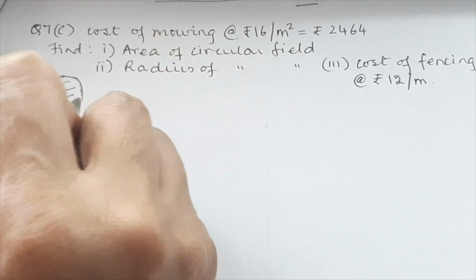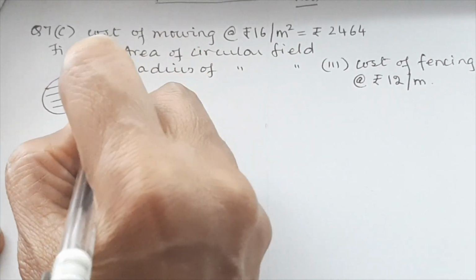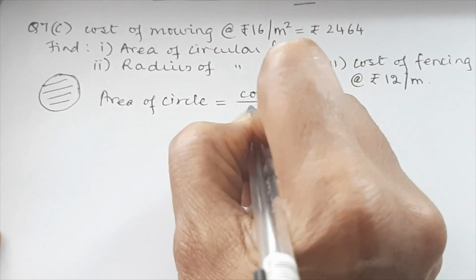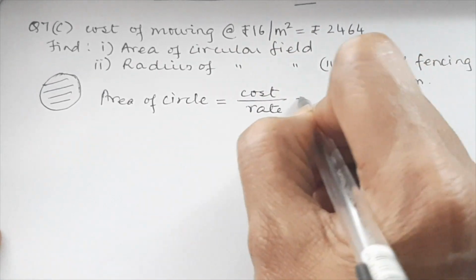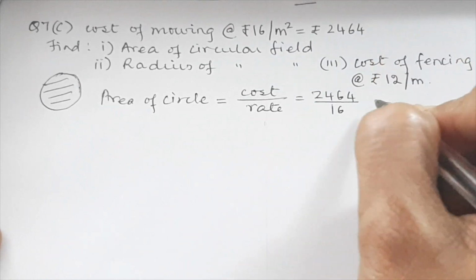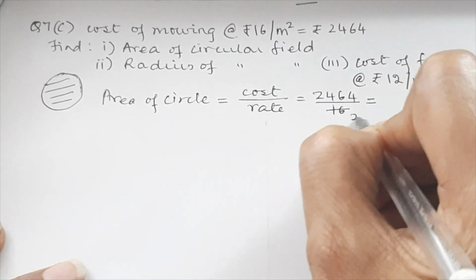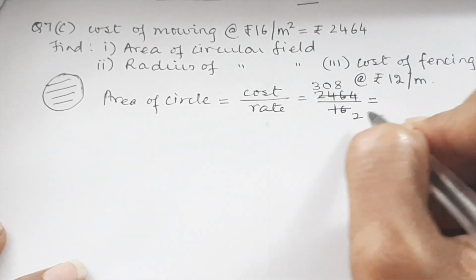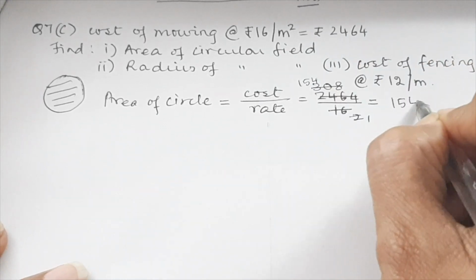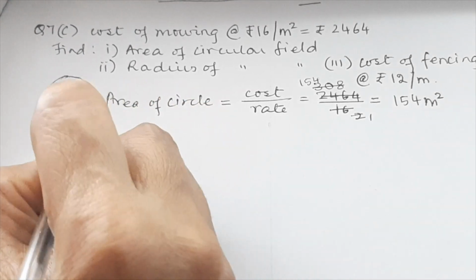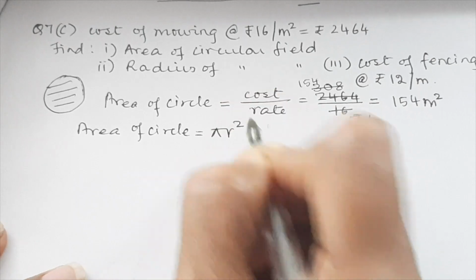So we will have area of a circle will be equal to the total cost upon the rate. That will give us 2464 upon 16, and that gives us 154 meters square. But area of circle is formula wise, it is pi r square.